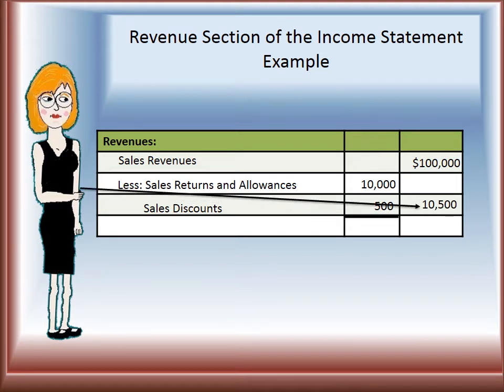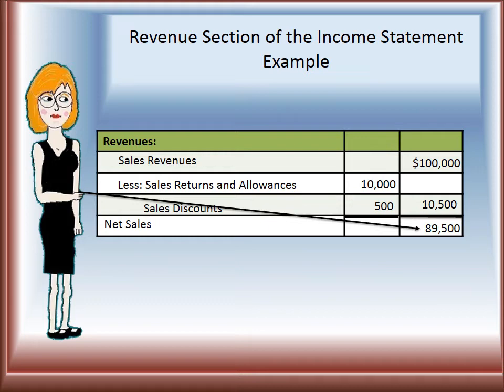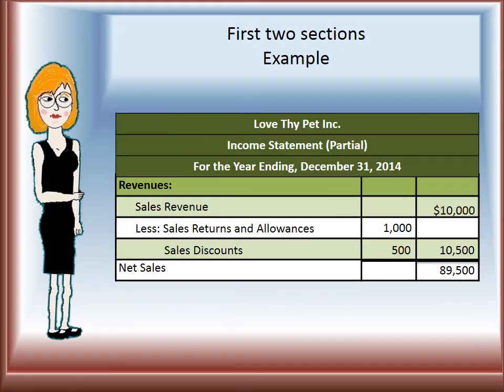And then we total those two together by adding them. That is then placed in the right-hand column. And then we subtract sales returns and allowances and sales discounts to get net sales, and we place that in the right-hand column. This is the revenue section of a partial income statement.